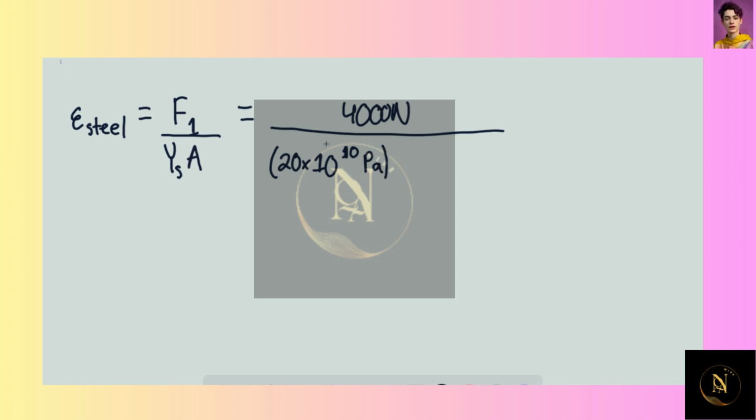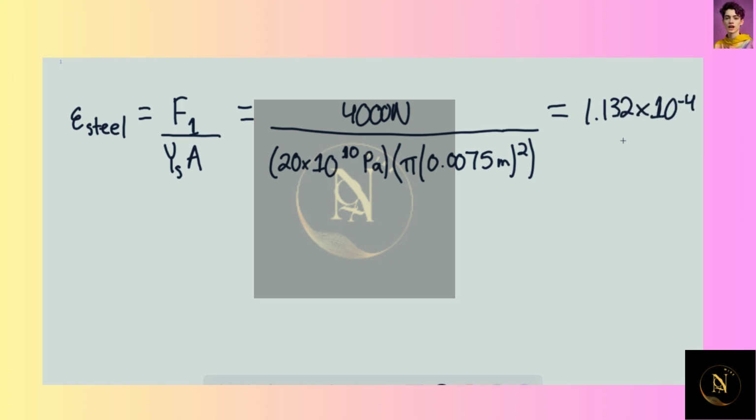That would be the Young's modulus for steel, and then the area would be pi times r squared, or pi times 0.0075 meters squared. And this is giving us 1.132 times 10 to the negative fourth meters.